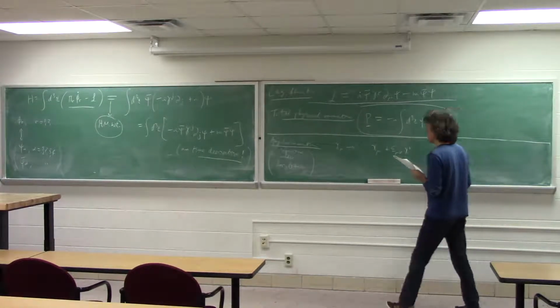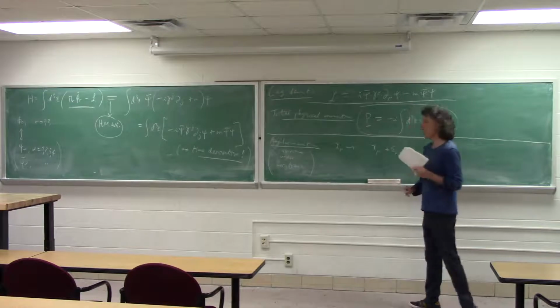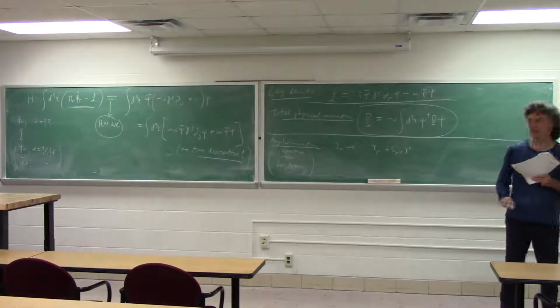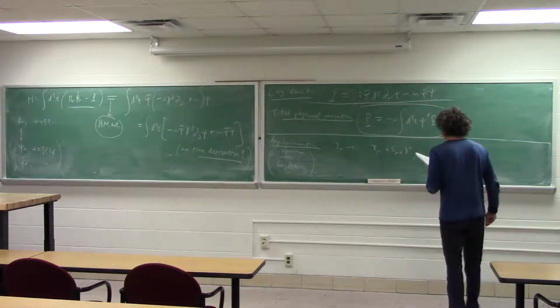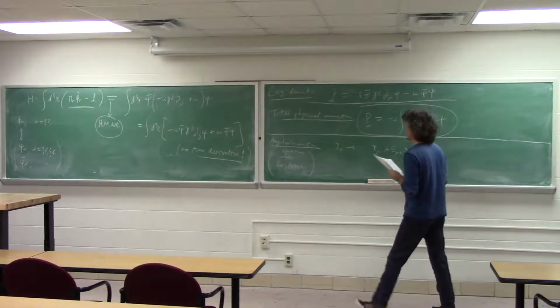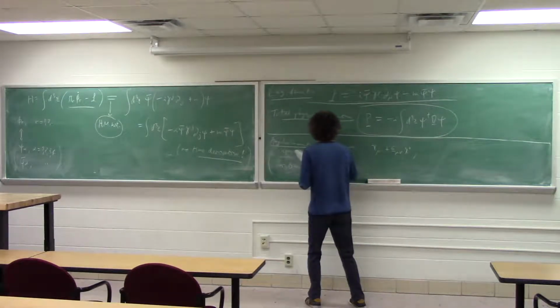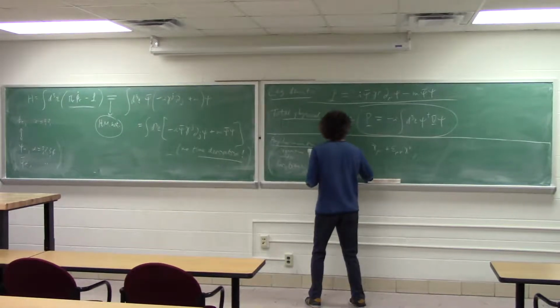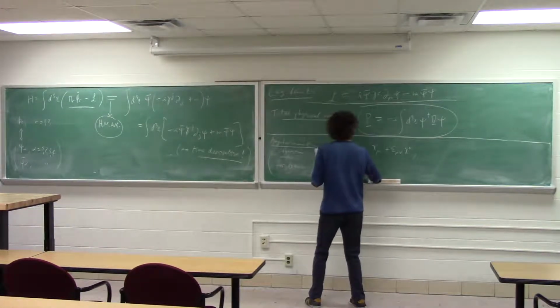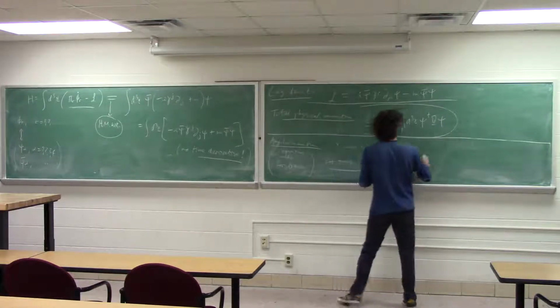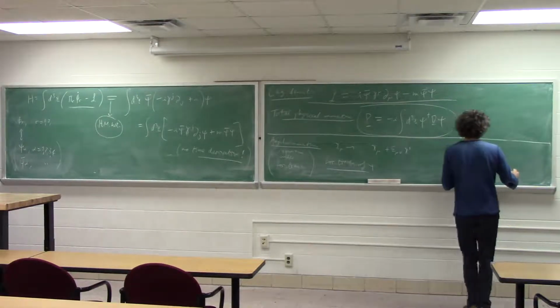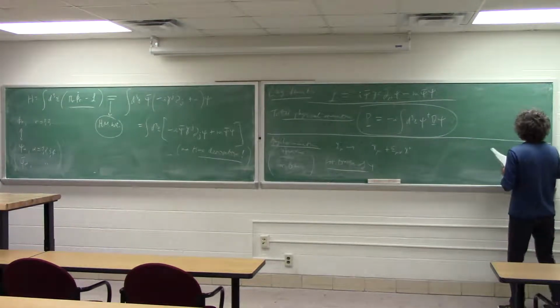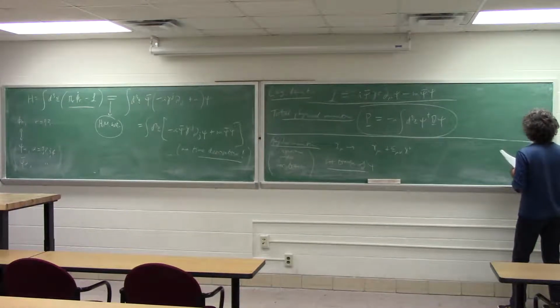So what do we get? There is a question: how does the Dirac field transform under a Lorentz transformation? If you're interested in the details, you can look in the book in the appendix.